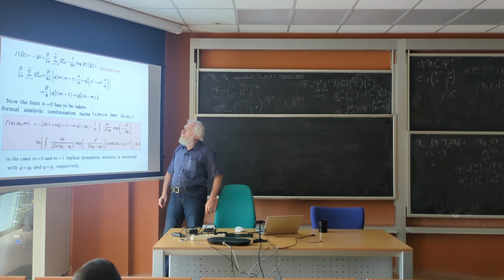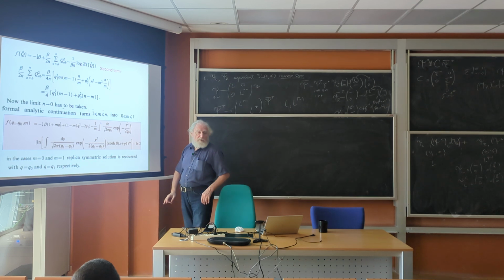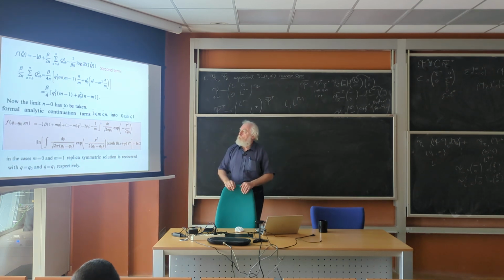The result is that we can take limit n to 0, and then m will be defined on the interval from 0 to 1. This is not at all obvious, but for now we will just take it as it is, and then later on I will demonstrate arguments why we should indeed consider m in this interval between 0 and 1.